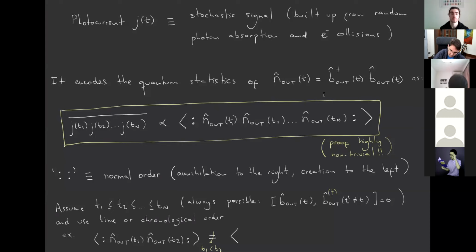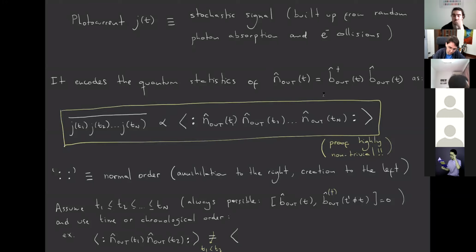Okay. So remember that time order, we defined it already. And what we were saying is that in time order, annihilation operators at a later time appear to the left of annihilation operators at an earlier time, okay? And the opposite for creation operators.